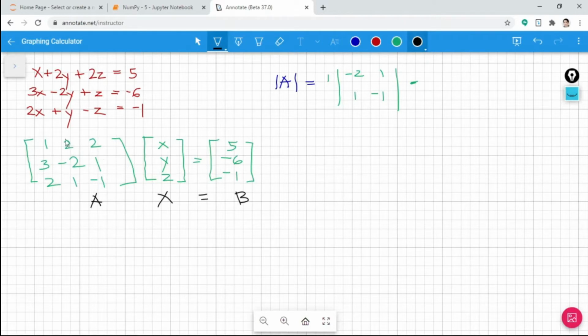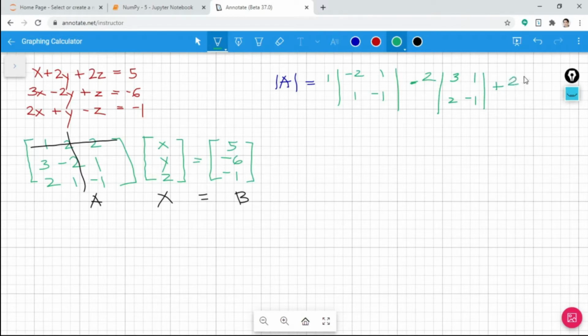The next one, I know you know the pattern already. So we have here 2, then we have here 3, 1, 2, and negative 1. Next one is plus.